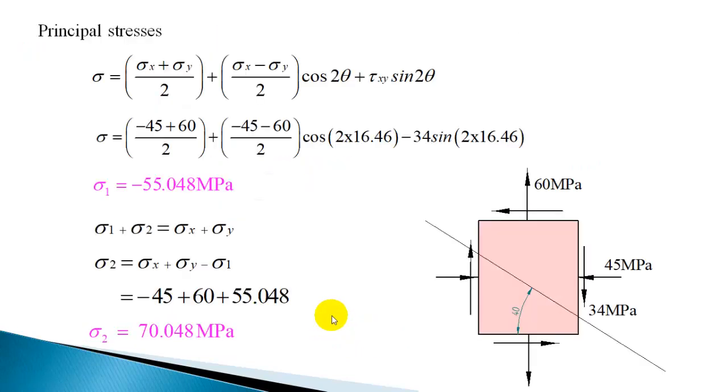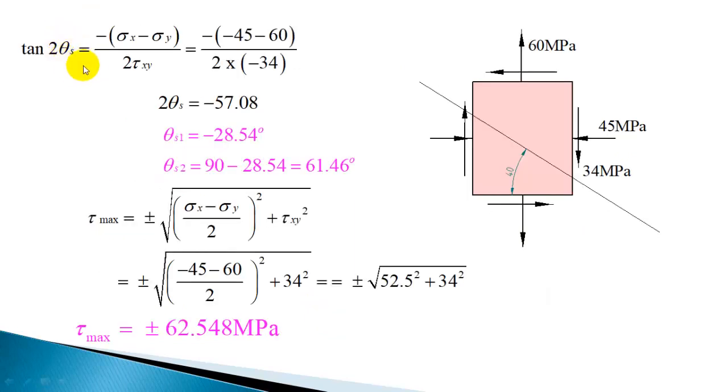Now let us find out the planes of maximum shear stress. So planes of maximum shear stress you can find out using the formula tan 2 theta s is equal to minus (sigma x minus sigma y) divided by 2 tau xy. So minus of sigma x is minus 45, sigma y is 60, divided by 2 into tau xy, which is minus 34.